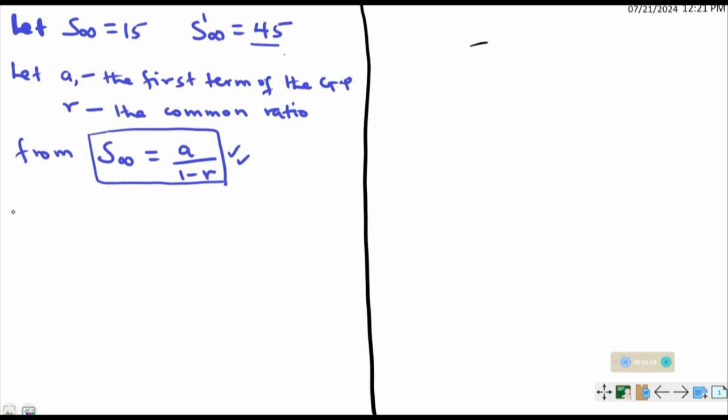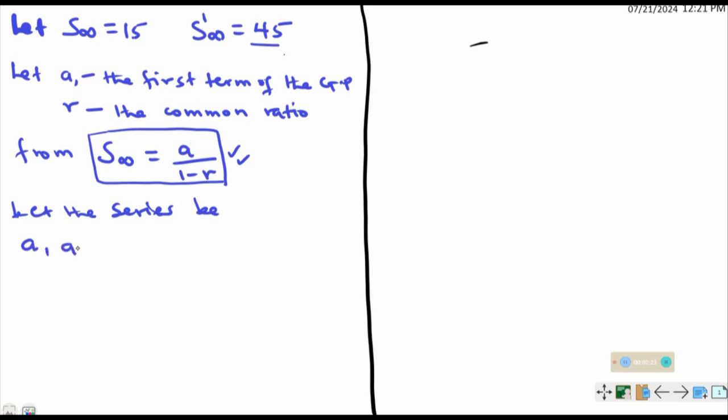Since we are dealing with an infinite number of terms, we shall let our series be: the first term, which is a.